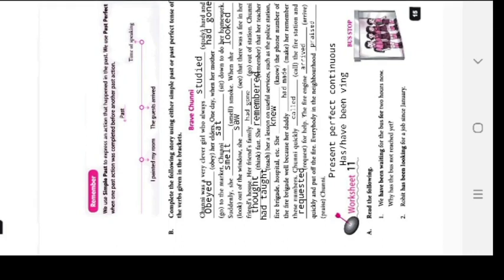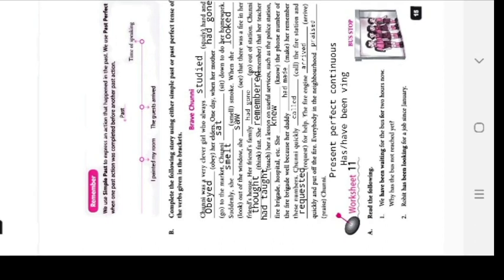We have been waiting for the bus for 2 hours now. So that waiting has started earlier in the past, and still they are waiting, and perhaps they will wait for some more time. So this action happened in the past, is going on right now, and then it can continue in the future also. Rohit has been looking for a job since January.